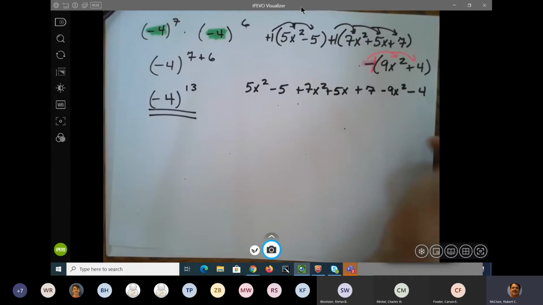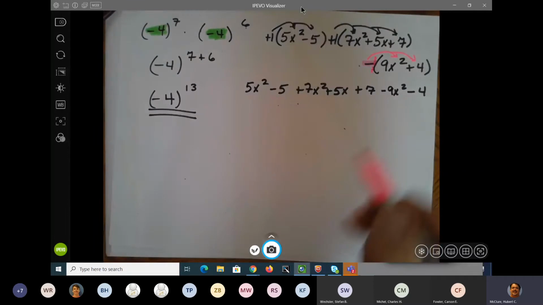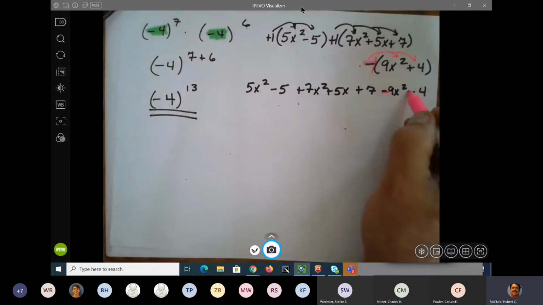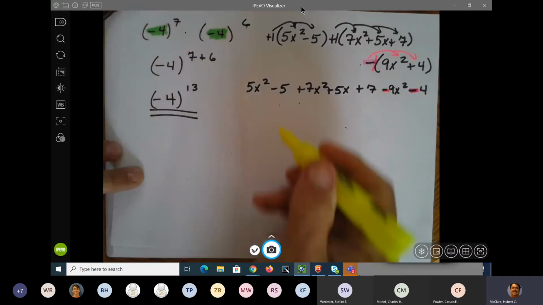I'm going to take my handy dandy highlighter, and I'm going to put a pink negative right here and right there to make sure you realize that that negative makes everything negative inside the parentheses. Now I'm going to go through and take my yellow marker, and I'm going to highlight all my x squared terms so I can add those together.